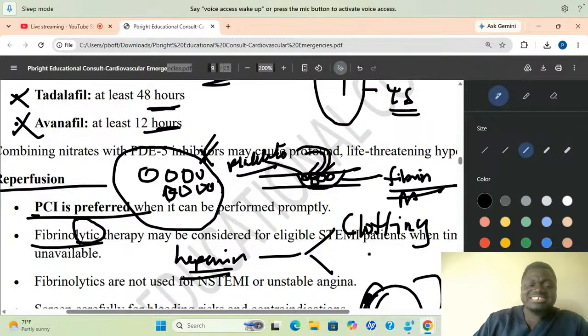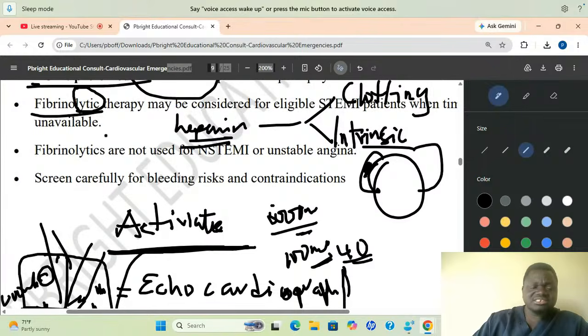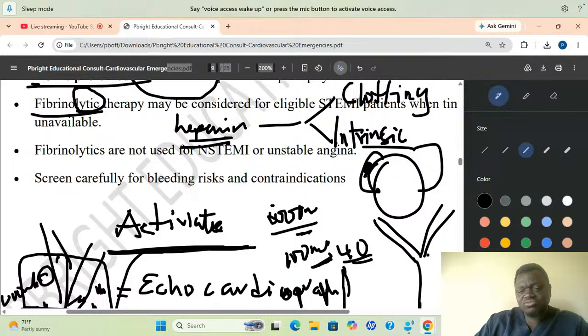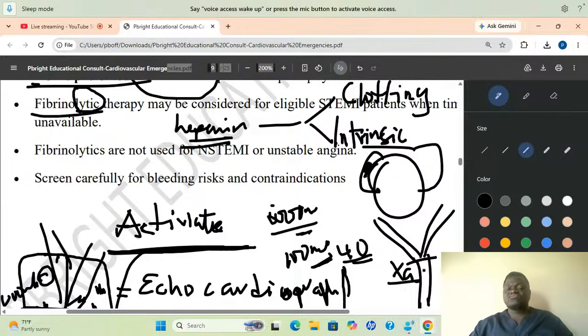Heparin works on the intrinsic pathway. Here is the pathway: the extrinsic and the intrinsic come and join together to form factor 10, Xa, and factor 10 will form the common pathway.